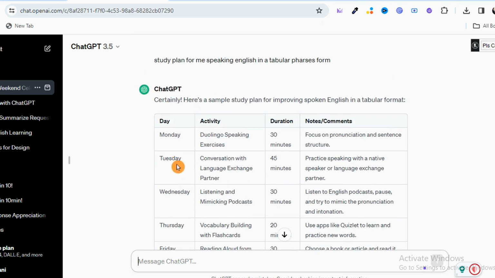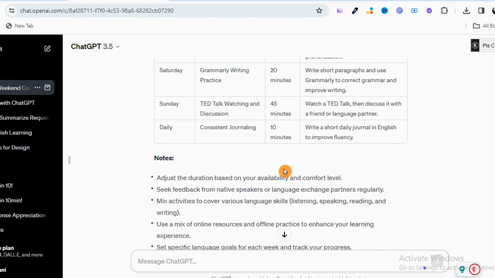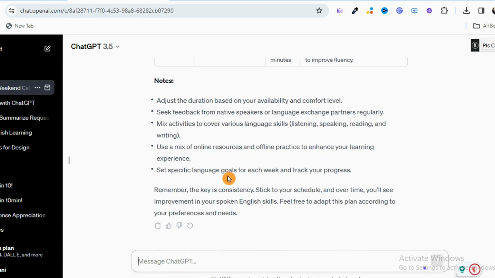I think this is a one week study plan: Monday, Tuesday, Wednesday, Thursday, Friday, Saturday, Sunday, and my daily consistency journaling, 10 minutes, write a short daily journal. It's really amazing, and he also gives me notes. He or she, I don't know, but it's outstanding. Adjusting the duration based on your availability and comfort level.